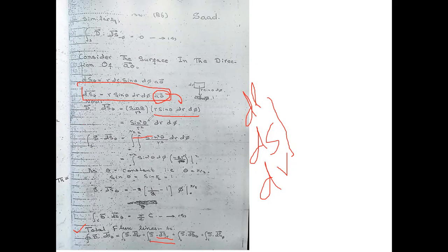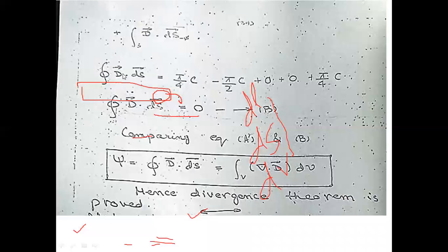Multiplying these two, we get sine squared theta over r squared, applying the limits r from 1 to 2 and theta from 0 to pi by 2. After adding all these terms, we will get the answer: pi by 4 minus pi by 2 plus 0 plus 0.